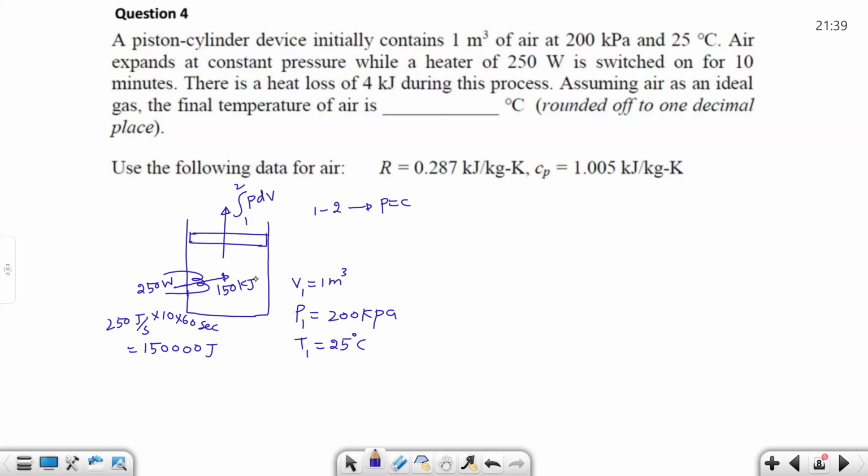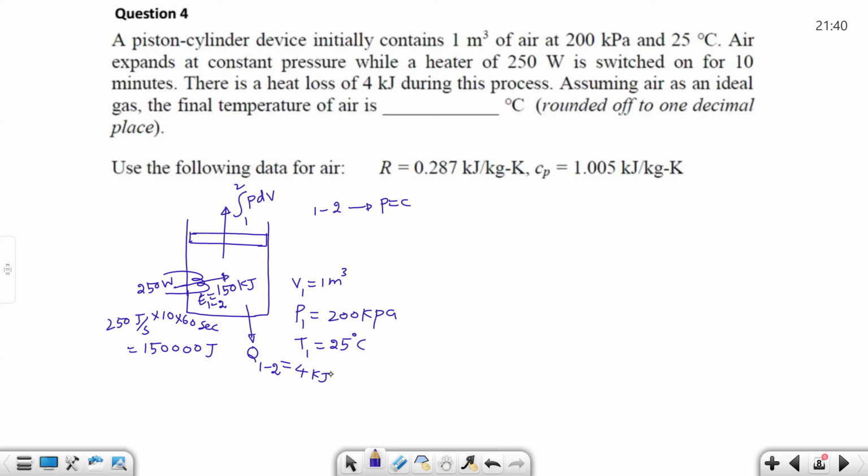And the energy which is going out by heat loss in the process 1 to 2. So 150 is the energy in, which we will take as E1. Heat loss Q1 to 2 during the process 1 to 2 is 4 kilojoule.